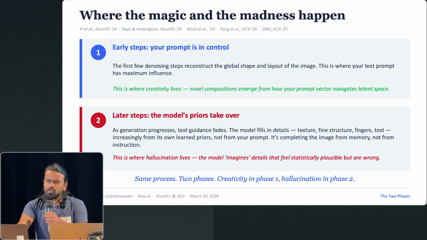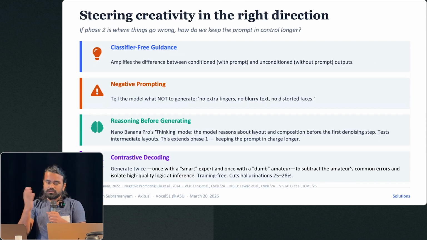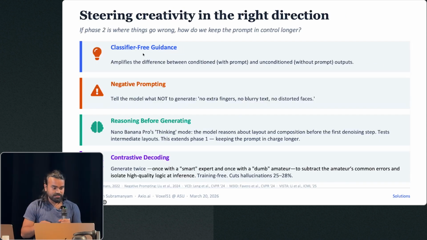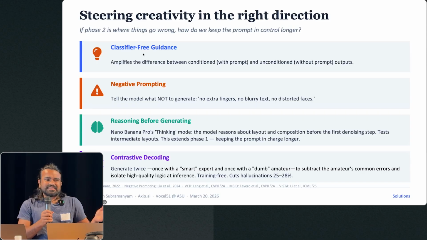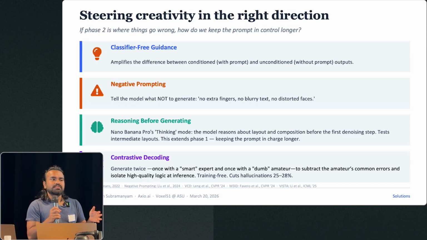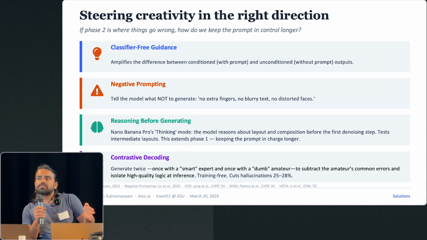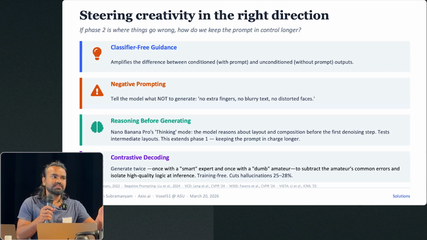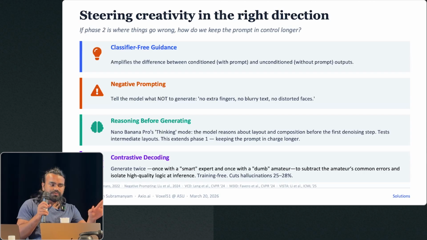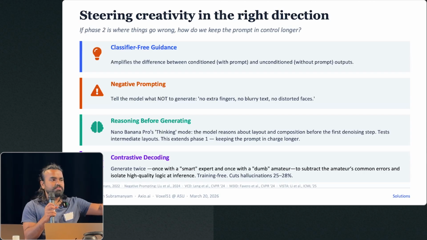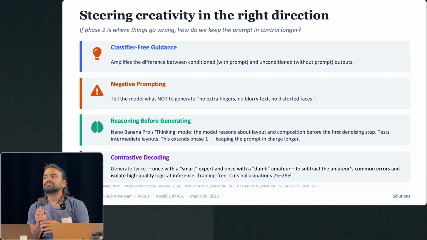And what do we do? The first point, which Professor Lalita addressed, is classifier-free guidance. In essence, what we are asking is: if I don't give you this prompt, what would you have generated? And with this prompt, what are you generating? Can you correct that gap so that you don't freely think and just keep generating what the prompt is instructing you to do?